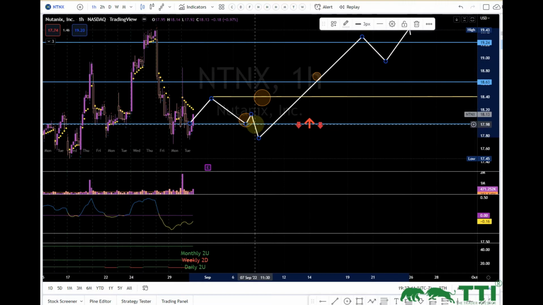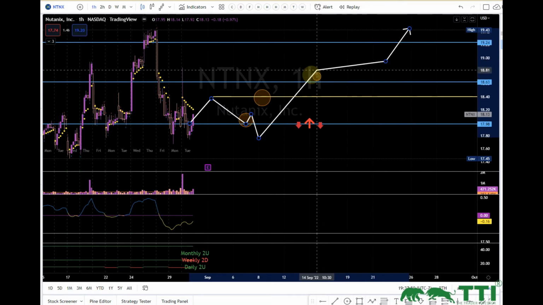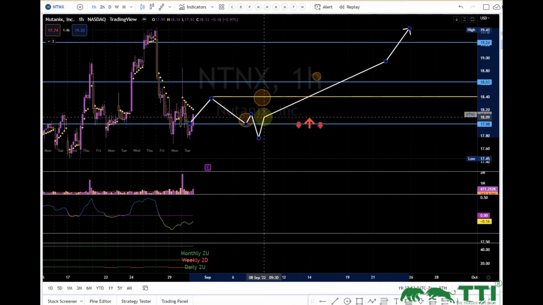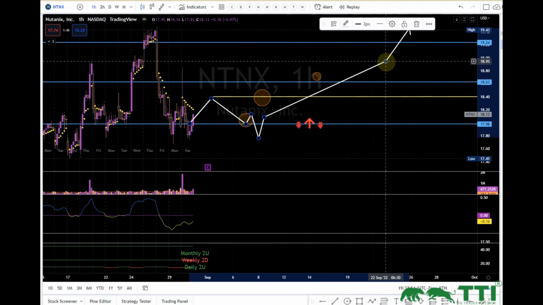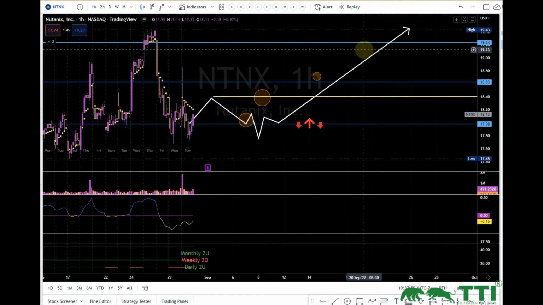And then as soon as the people who go down say, oh, this was not a good support, price is actually going down, they reverse it again. Then they use this as support and then take it back up.